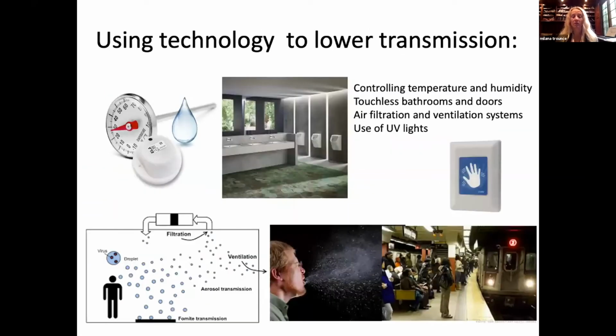Also, there are technology points like temperature and humidity. If we can all make saunas out of our workspaces and houses and universities, we're going to be done with coronaviruses, because sauna-type environments, with high heat and very high humidity, are what kills coronaviruses.